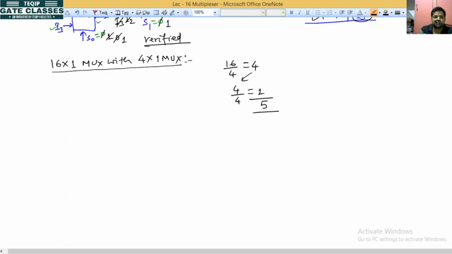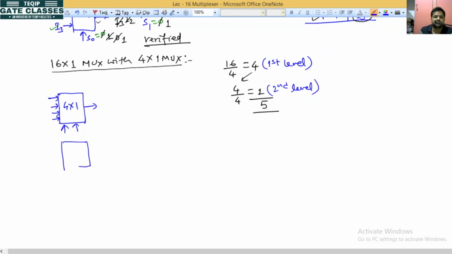How can it be implemented? In the first level, we have how many? First level. It will tell you the next level, that is second level. Okay na, only 2 levels are there, or you can say last level. So it is 4x1, so we have 4 inputs here because it is a 4x1 mux. So we have two selection lines.